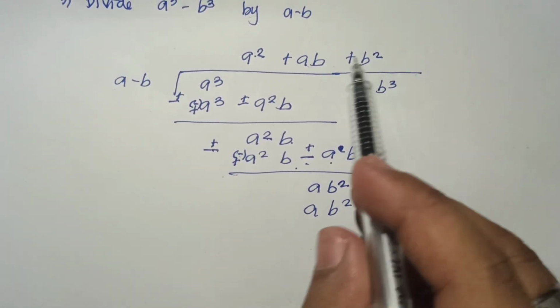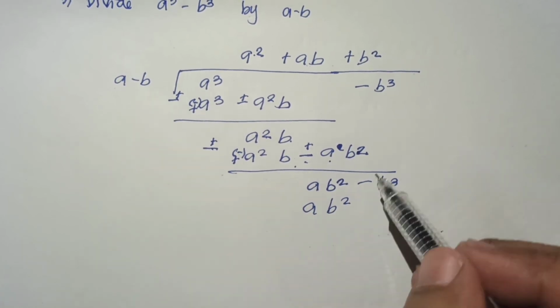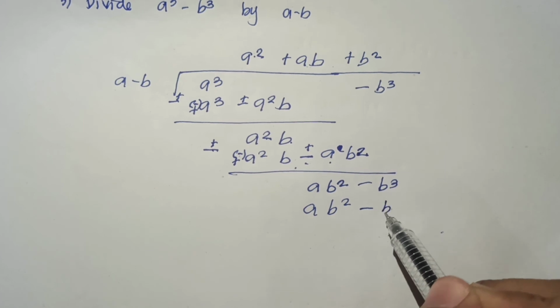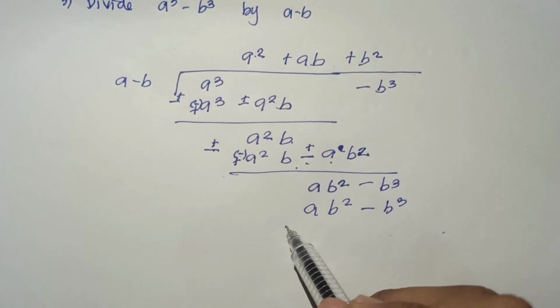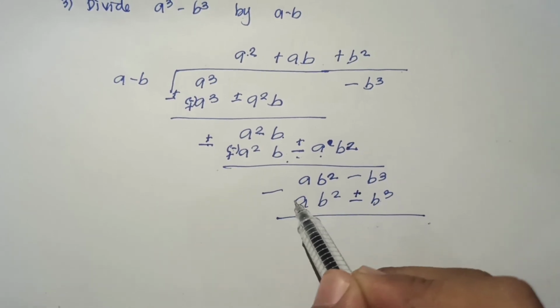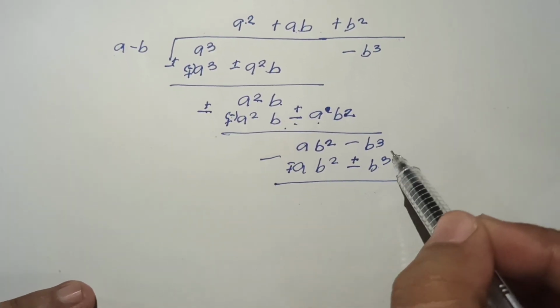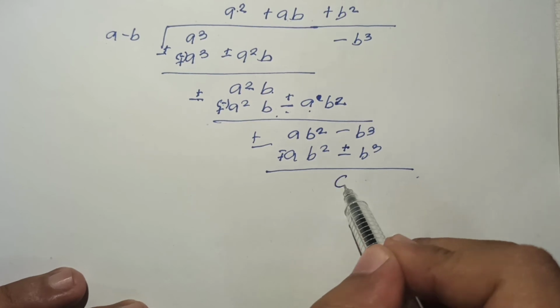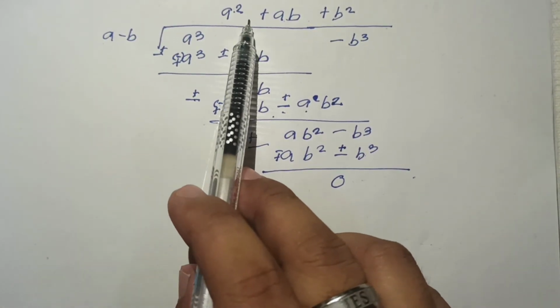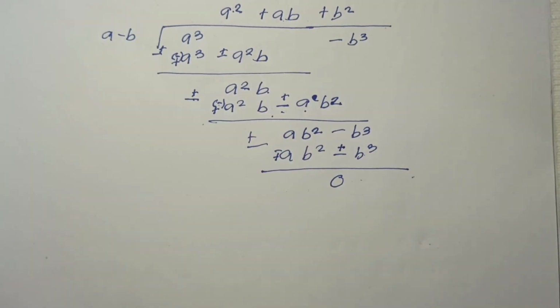So b squared times negative b, that is negative b cubed. Subtract, change the sign of the subtrahend and proceed to addition, negative. So plus, the result is 0. So therefore, the result now is a squared plus ab plus b squared.